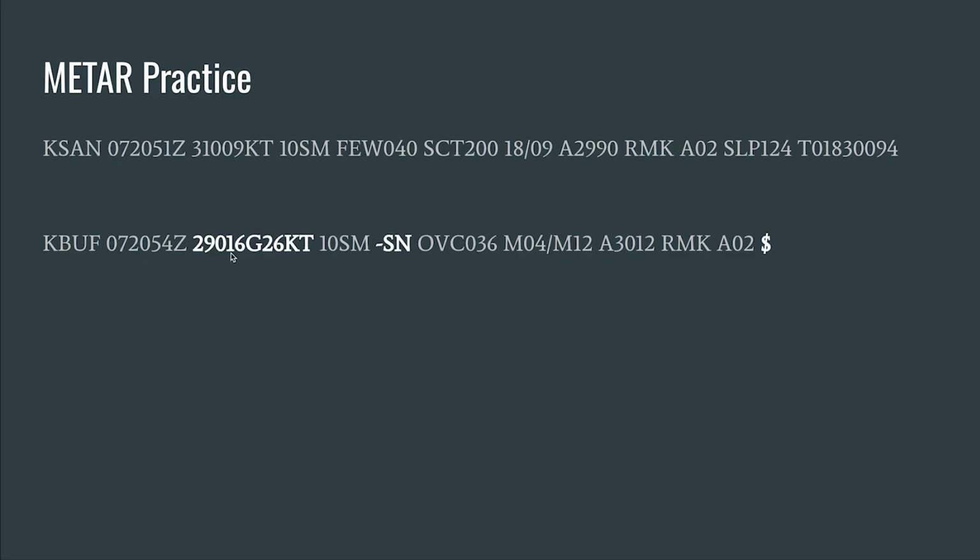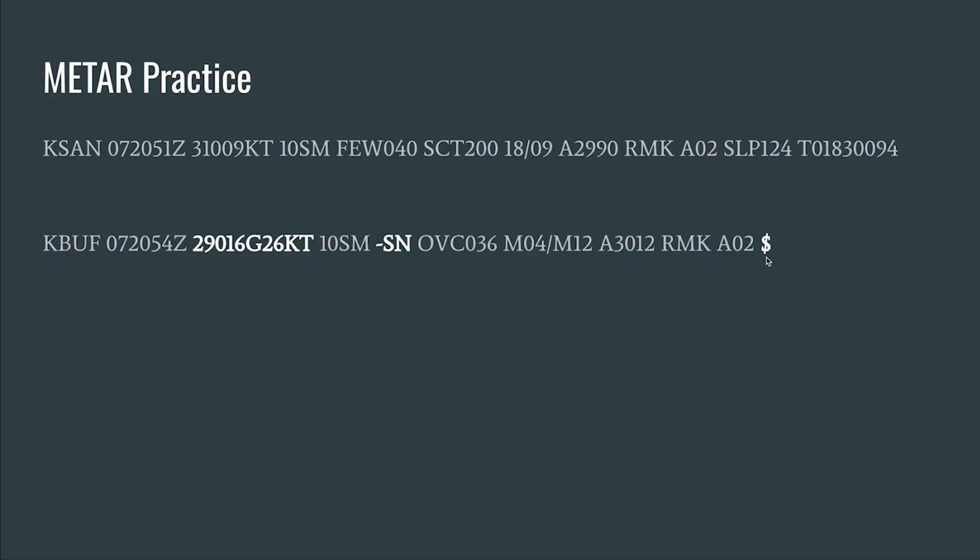That's telling us that the winds aren't just steady at a certain speed, they're actually gusting. So they're steady at 16, gusting up to 26 knots. Additionally, over here you can see this hyphen followed by an S and an N. This SN tells us that there's snow being observed at this weather station. The minus sign next to it, the hyphen, tells us that it's light snow. So on this day in Buffalo, it's very windy, gusting 26 knots, with a little bit of light snow.